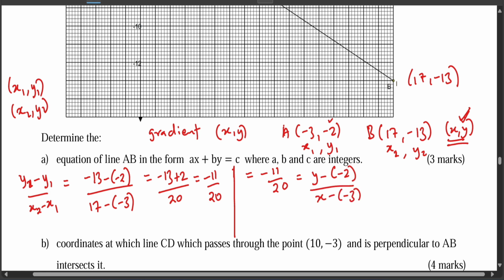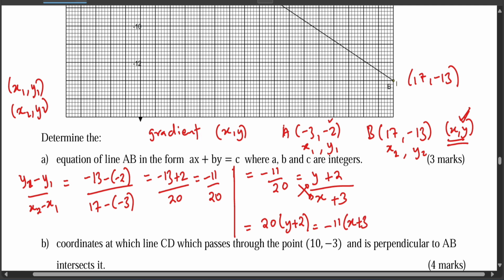At the end, it will give us y plus 2 and x plus 3. Now let's cross multiply. The 20 gets multiplied to y plus 2, and the -11 gets multiplied to x plus 3. So 20 is multiplied to y plus 2, which is equal to -11 multiplied to x plus 3.